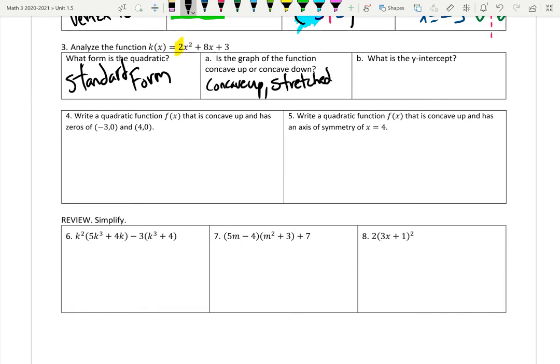What is the y-intercept? It's always going to be the last number. It is not just 3. If you want to know where the zeros are, draw an xy graph, plot a y-intercept. Let's see, this is going to be (0, 3). Okay, I know where to go.